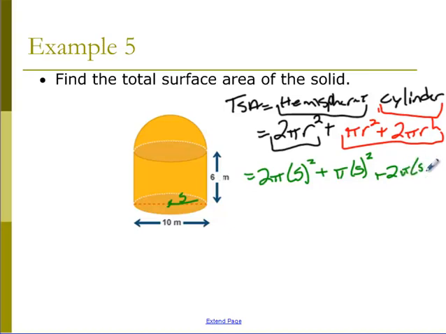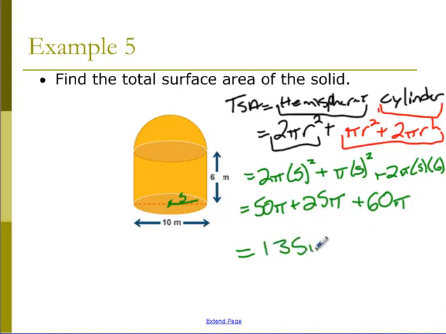So let's plug that in. So 5 squared is 25 times 2, 50 pi for the hemisphere, 25 pi for the base of the cylinder, plus 60 pi for the lateral area of the cylinder. We're going to add all these together. 135 pi is our total surface area.